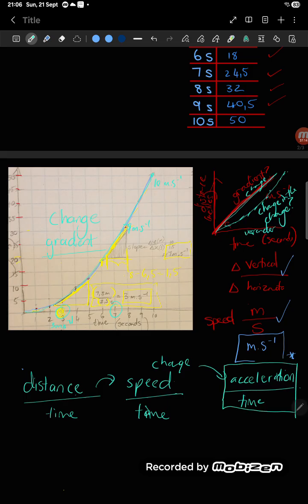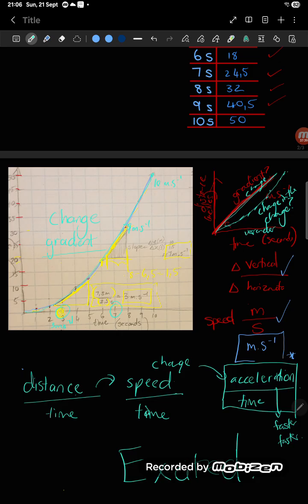We are accelerating. So what were Hansel and Gretel doing? They were excited for their journey. And when you're excited, you go faster and faster and faster. That's what acceleration is.